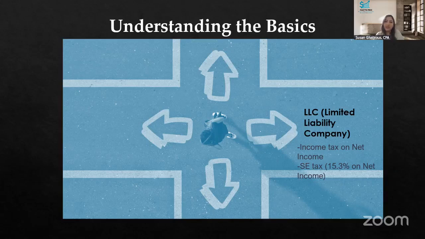So with the LLC, you pay two types of taxes: income tax and self-employment tax. Income tax is based on your tax bracket. It depends on your income from all sources of income that you have. You pay income tax and you pay self-employment tax, which is 15.3% on your net income. So this is one structure.